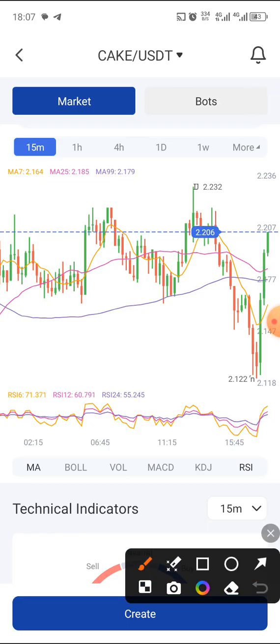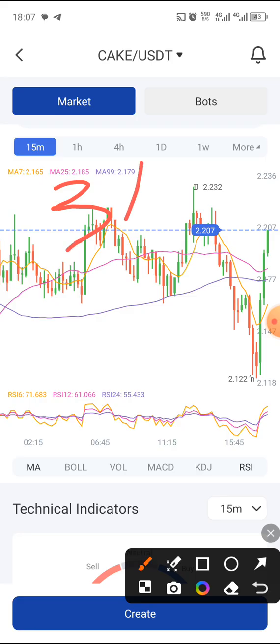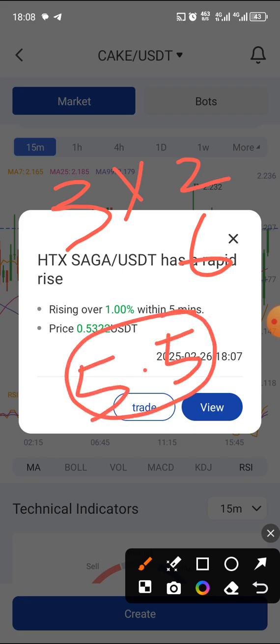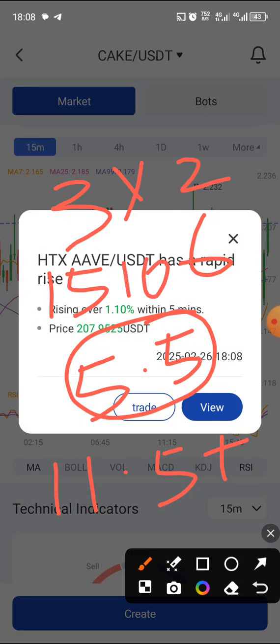Each trade is giving you $3 times 2, giving you 6, plus the 5.5 from the cycle mode, giving you 11.5, plus, remember we are not calculating the margin calls. So do you see how you end up your day with at least 15, even if it is $10 on a daily basis? $10. Is that bad? Is that bad?